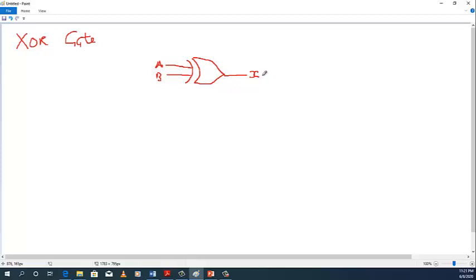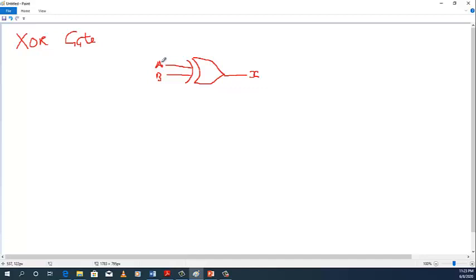What it does is that an XOR gate, or sometimes it's called an exclusive OR gate, has a slightly changed logic from an OR gate. Similar to an OR gate, the output X will be high voltage if either input is high voltage.